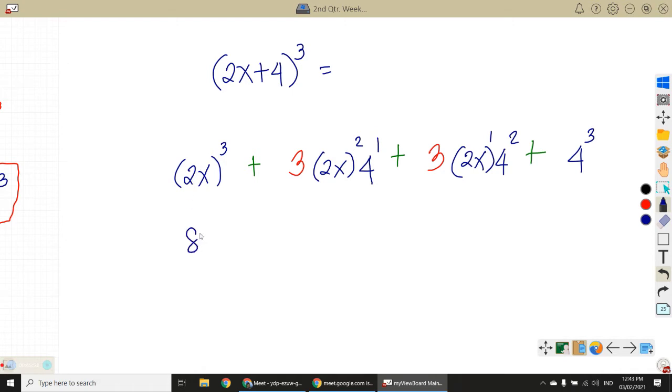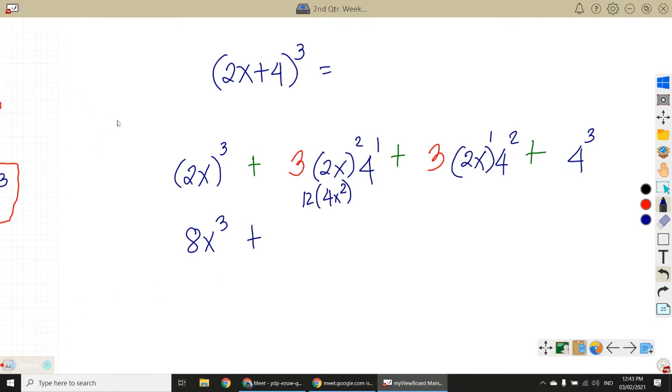So, this is 8x cubed. Next. Unahin natin yun nandito sa loob. This is 2 times 2 kasi naka-squared. So, magiging 4 siya. Okay? So, 4x squared. Yan, para makita ninyo. So, 3 times 4 is 12. Yan, kita ninyo. 12 times 4x squared. So, we have 12 times 4 is 48.